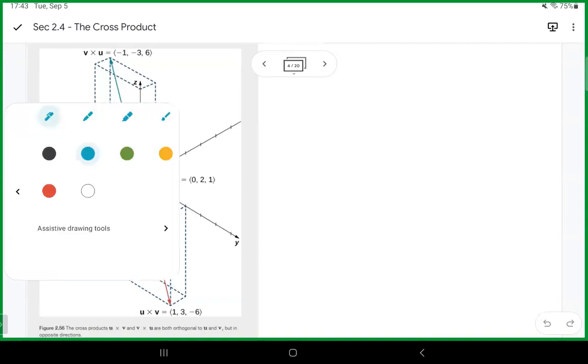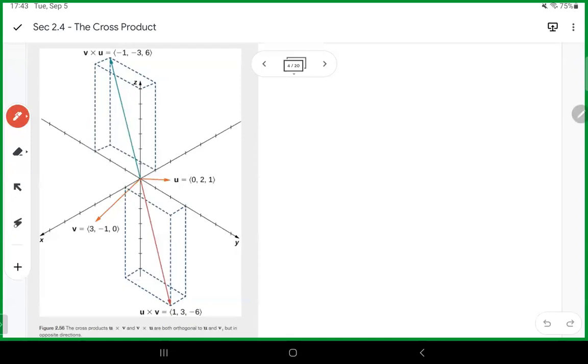So here are some formulas that will be helpful to you, so you'll probably want to write them down.